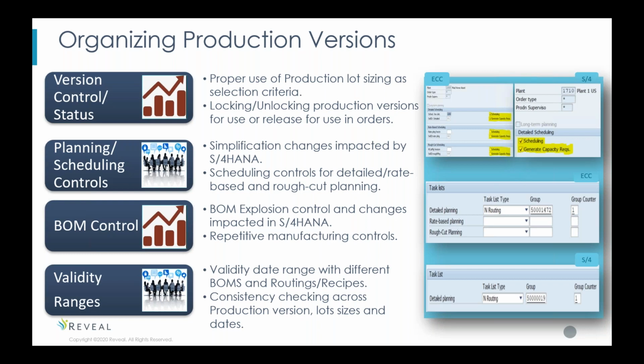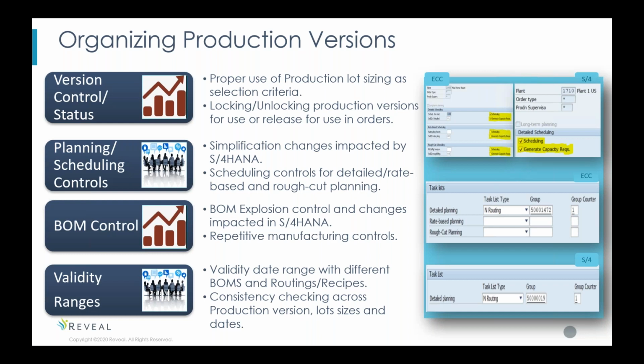As I just stated, production versions are even more important now in the S/4HANA space because it is the key pointer to which bills of materials and which routings the system should use. So in organizing your production versions, I would say concentrate on the proper definition of things like your lot sizes.